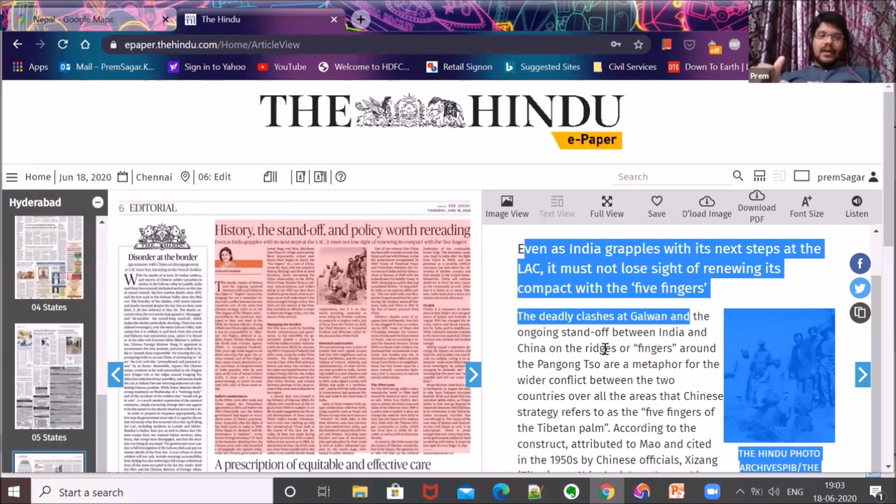Second thing, improve or consolidate your relationship with your neighbors that are Nepal, Bhutan, and Sikkim. Why Sikkim here? Because we all know that Sikkim is a state of India, but it was not a state of India after independence. It became a state of India only after 1972. Before that, it used to be a country.